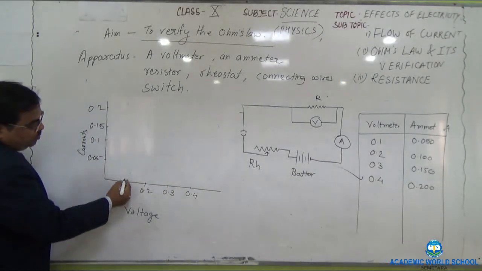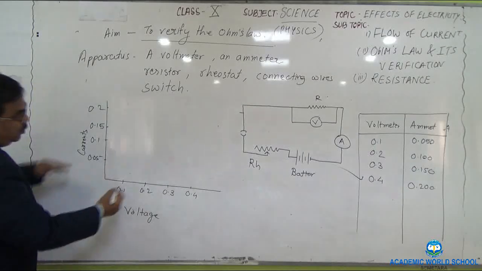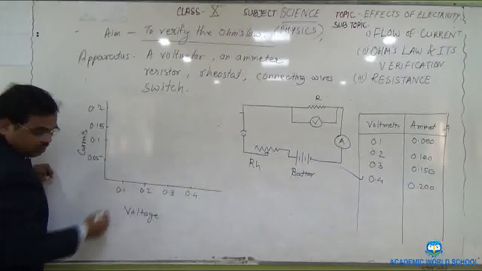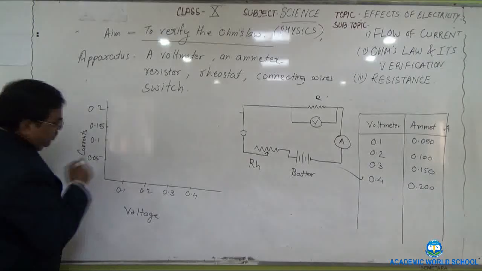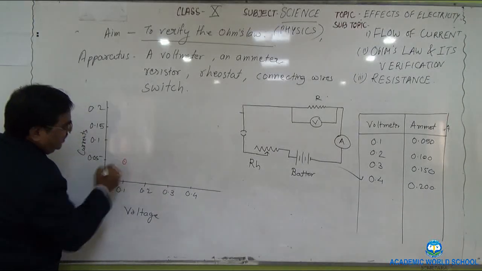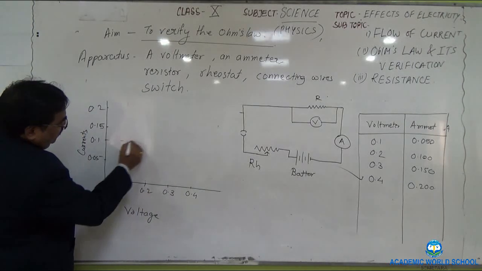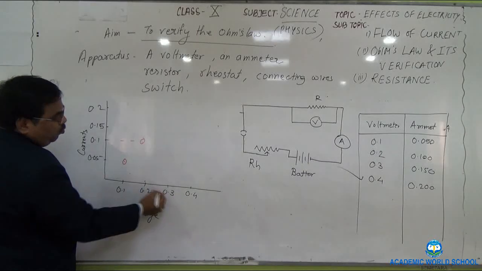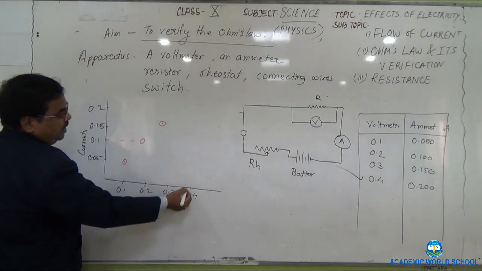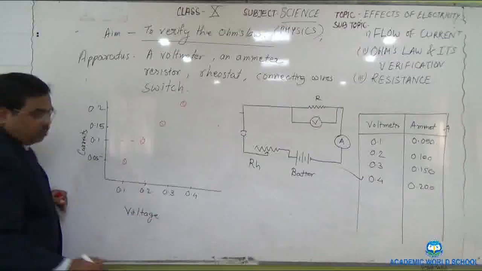Now if you join the two readings' coordinates, you will get one point for set 1 reading and this is for set 2 reading, set 3 and set 4.